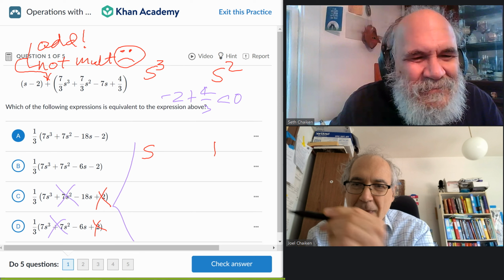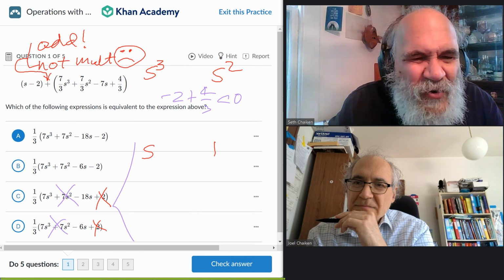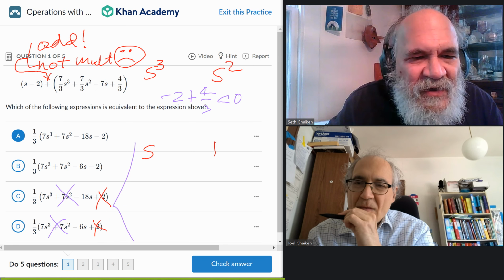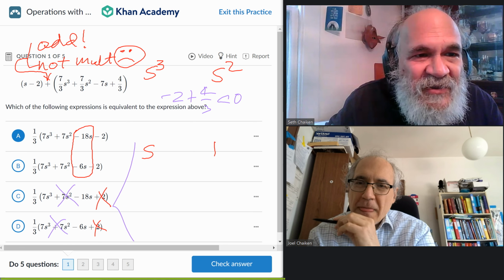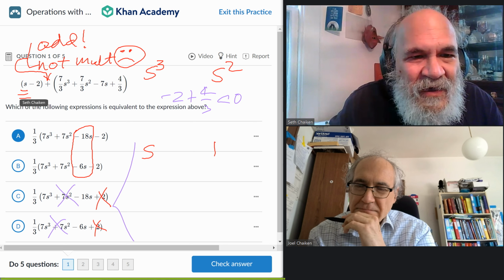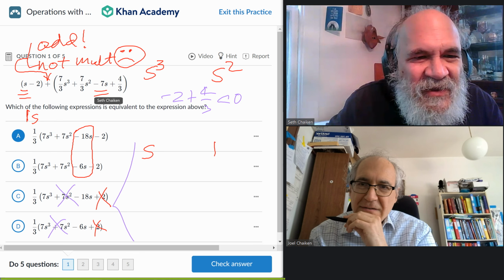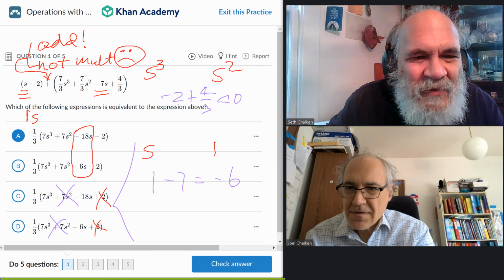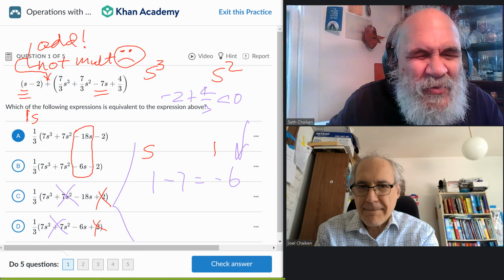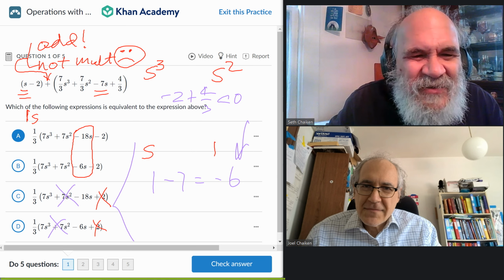Now, same reason, from among the ones that are left over, the only difference is in the linear term. So we look at the linear term of this. It's 1 times s, and there's a -7. We look at the linear term of this, and it is nothing. This thing in parentheses has no linear factor.